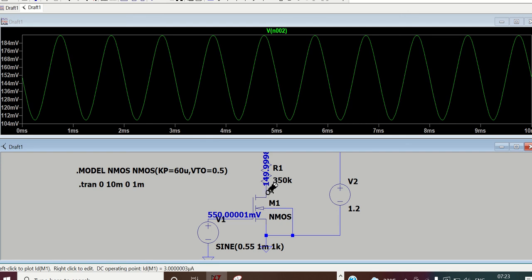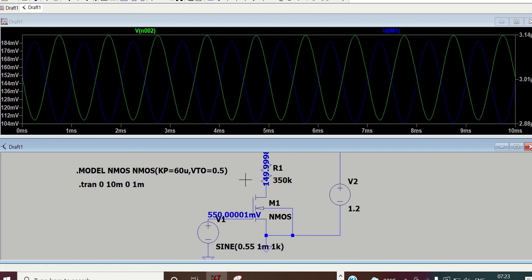If you slightly move it, it becomes red also, and then you will get voltage. Now it has become red here, so I can measure voltage. Now it will measure current. If I click here, you can see the current is 3.14 microamps. Now let us continue.